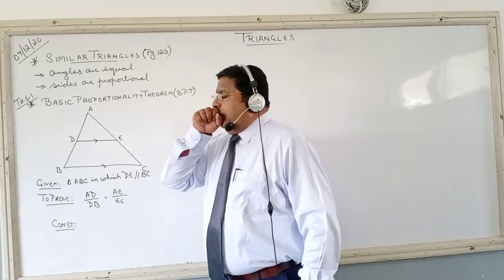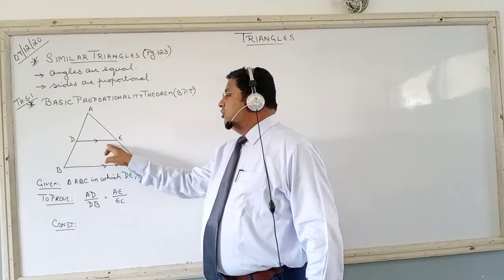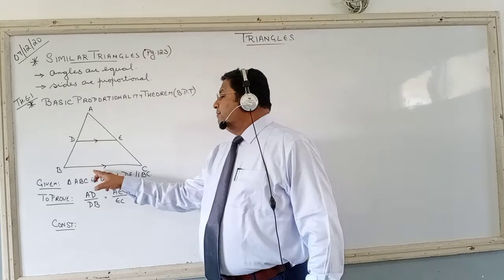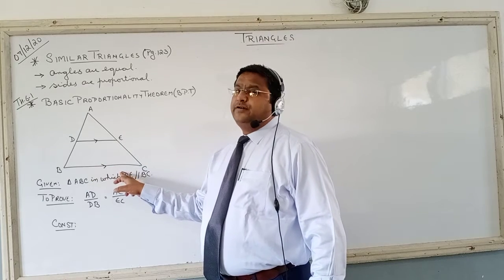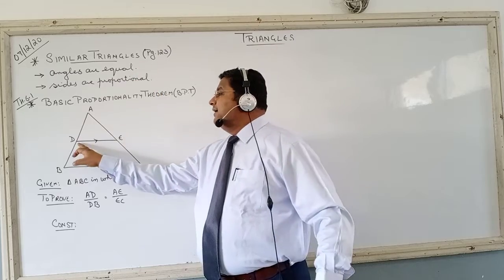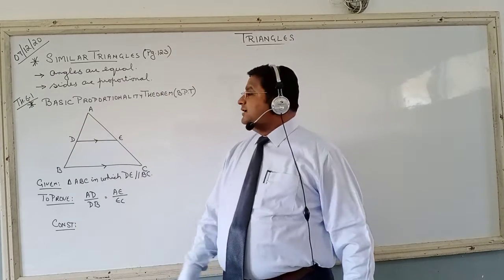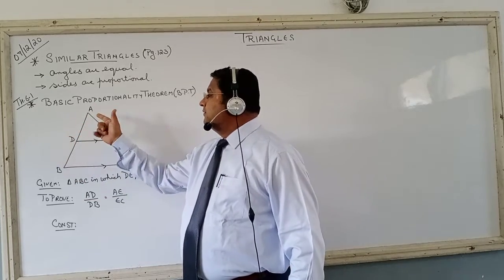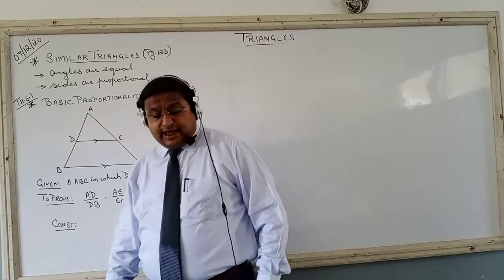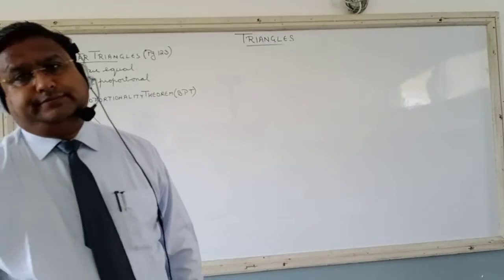Page number 124. It says if a line DE is drawn parallel to BC, one side of a triangle, to intersect the other two sides at two distinct points D and E, the other two sides are divided in the same ratio, AD upon DB equals AE upon EC. In the exam also it will be written, prove that.